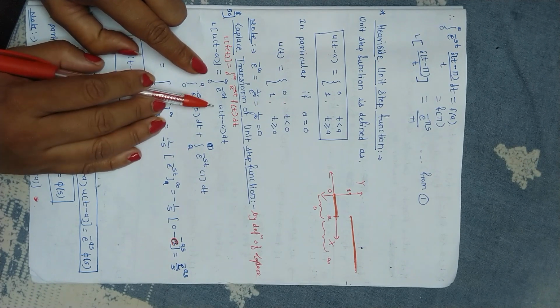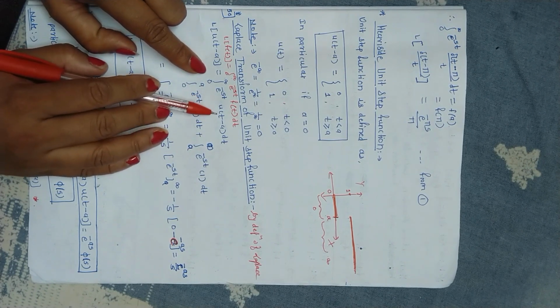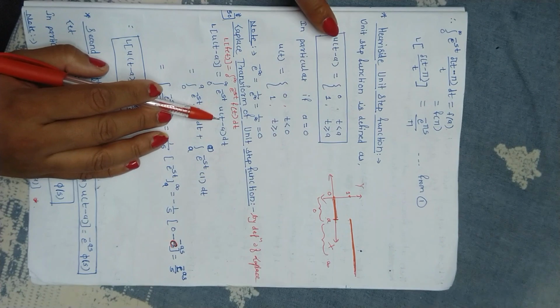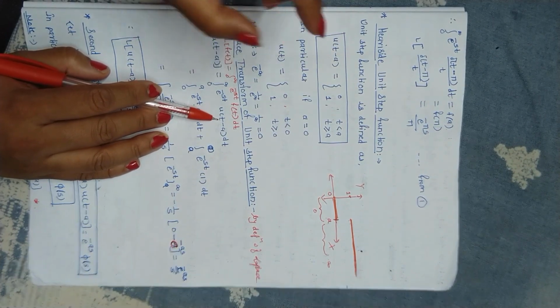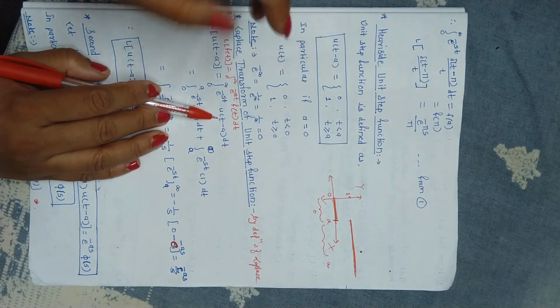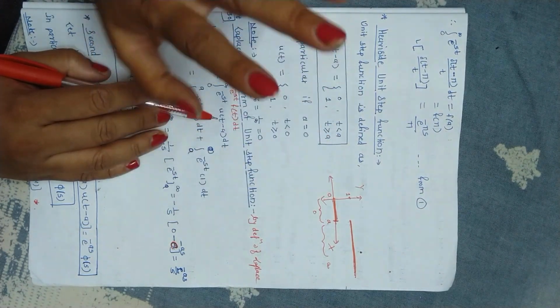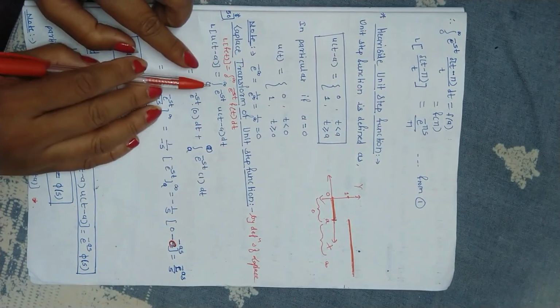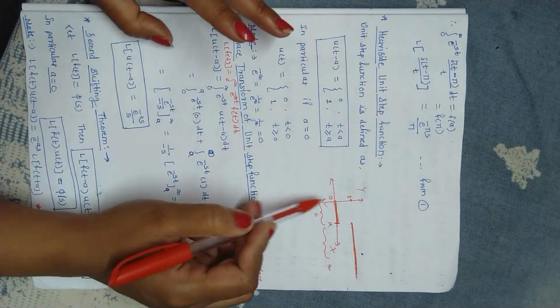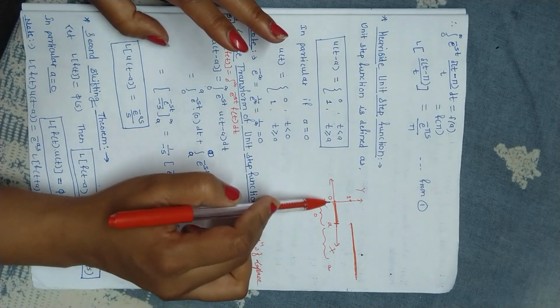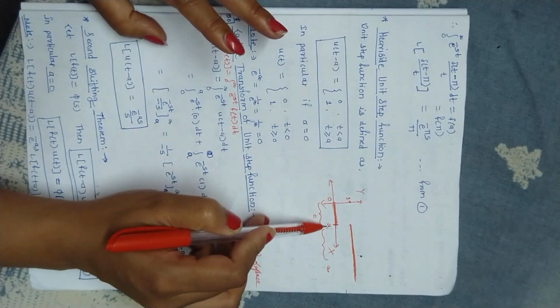Now we have to find out the value of this integration. We have to put the value of the u(t minus a) function here. This function is not given in one interval. It is given in two intervals, which is the split form of the 0 to infinity interval. That's why this integration also gets split in two intervals: 0 to a and a to infinity.